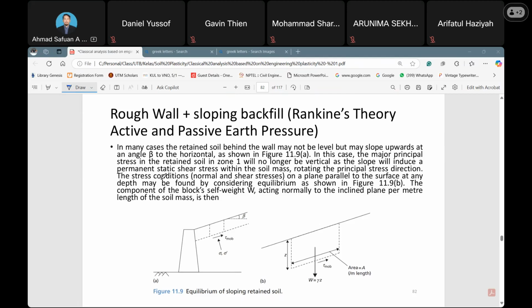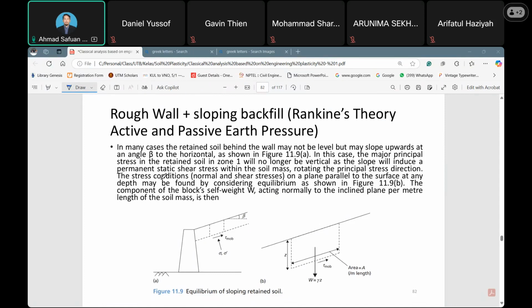In this case, the major principal stress in the retained soil in zone 1 will no longer be vertical, as the slope induces a permanent static shear stress within the soil mass, rotating the principal stress directions. The stress conditions, normal and shear stress on the plane parallel to the surface at any depth, may be found by equilibrium as shown in figure 11.9a.